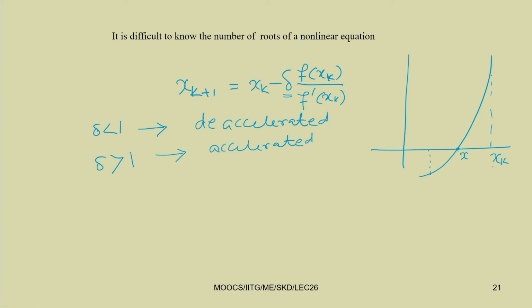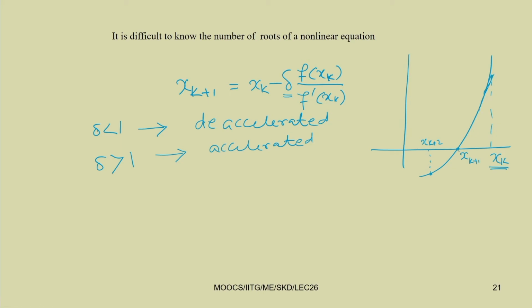The initial point x k we have taken here. The next point we have taken is x k plus 2, here.